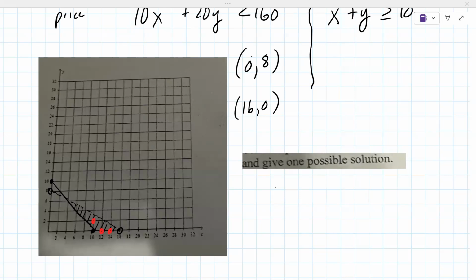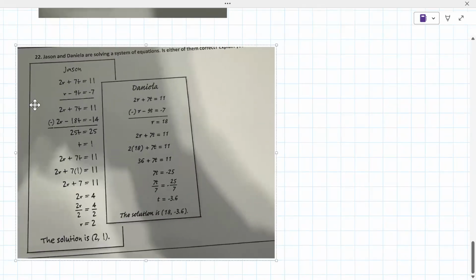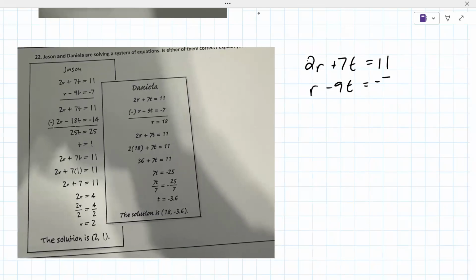The way to do these problems is to actually solve it out without looking at their work, and then decide. I know it's hard to do, but just solve the system 2r plus 7t equals 11, r minus 9t equals minus 7 using whatever approach you think is best, which is probably elimination.